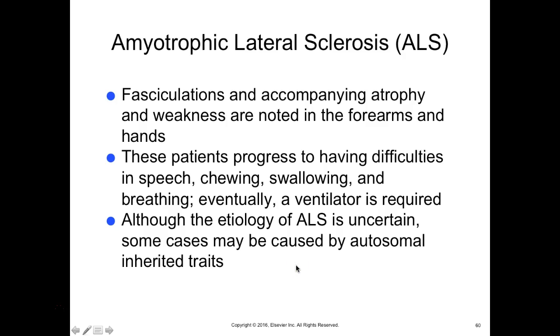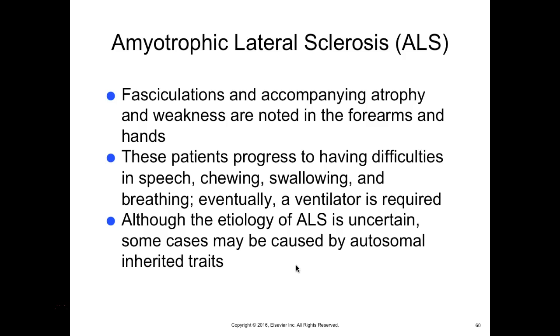Amyotrophic lateral sclerosis, or ALS, also called Lou Gehrig's disease. What it causes is fasciculations, and accompanying atrophy and weakness are noted in the forearms and the hands. These patients progress to having difficulties in speech, chewing, swallowing, and breathing, and eventually they need a ventilator.